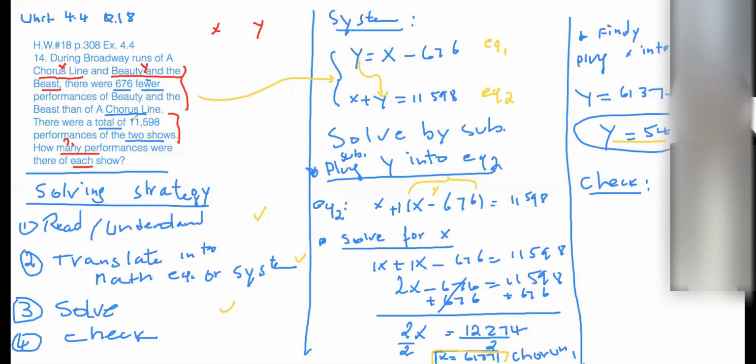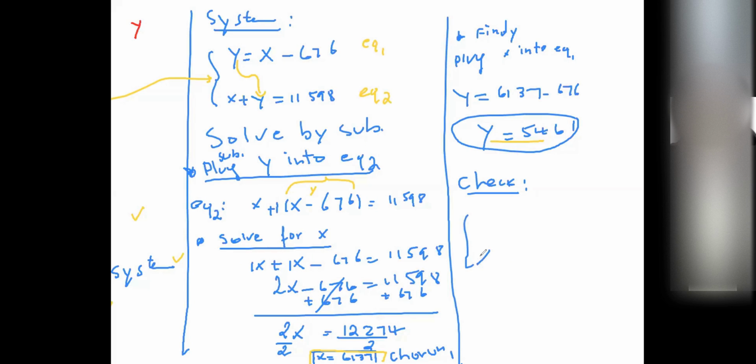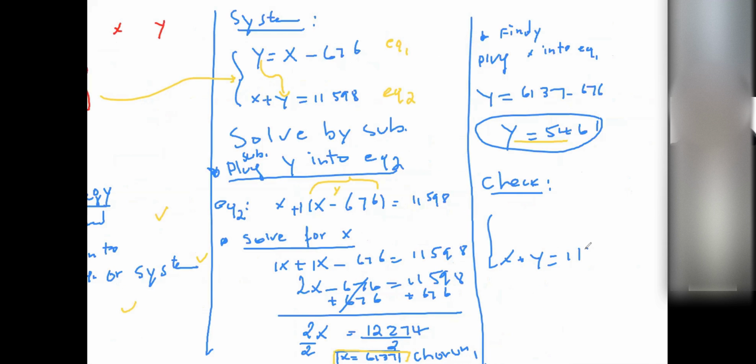The total number of shows is 11,598. If you add x and y, we must get 11,598. That was our second equation, x plus y should be 11,598. It does. Good, if you add them both together, it totals that amount.